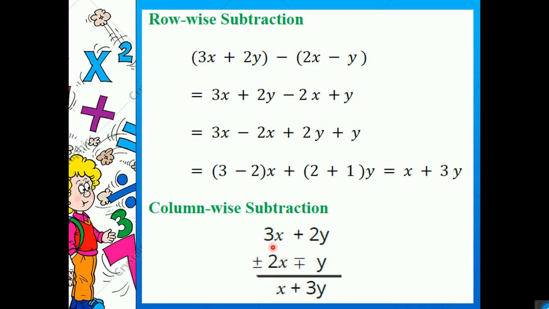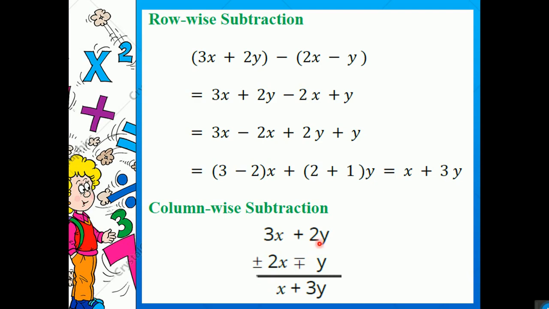Now adding their coefficients, plus 3 and sign of this 2 is minus because we have changed its sign. So 3 minus 2 is equal to 1x as it is. No need to write 1. It's understood the coefficient of x is 1.